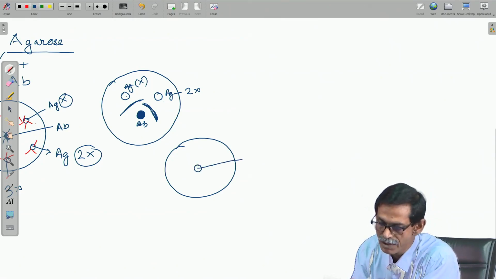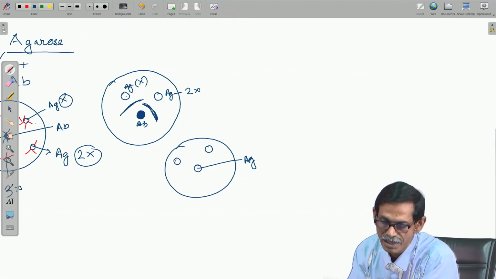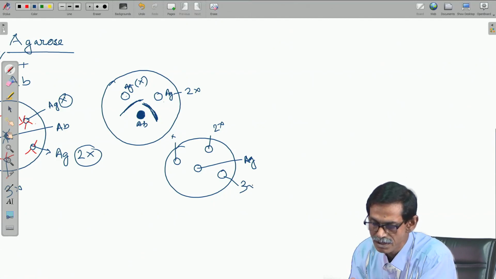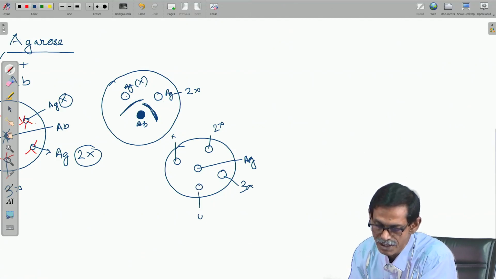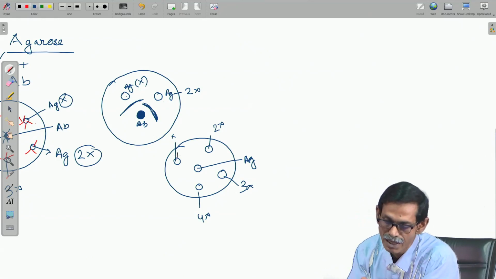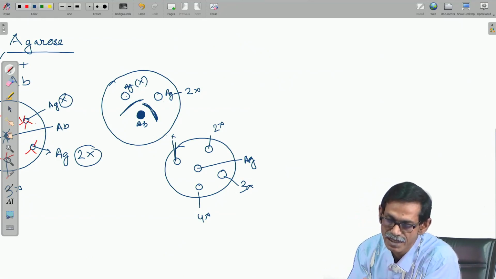In the same way, in the center we can keep antigen, and the serum we isolate, we give x amount, 2x amount, then 3x amount, then 4x amount, or we can dilute instead. This is undiluted.